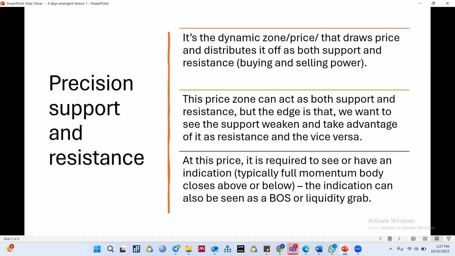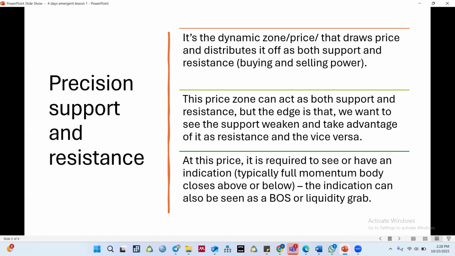So how I have defined it is that it is a dynamic zone or price that draws price to itself and distributes it off as both support and resistance. In other words, that specific price draws price to itself.